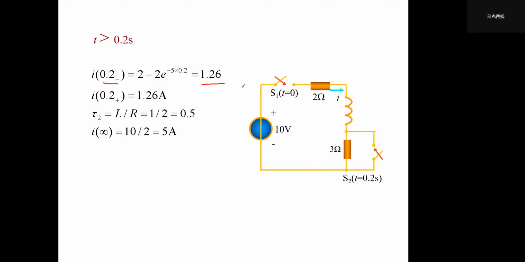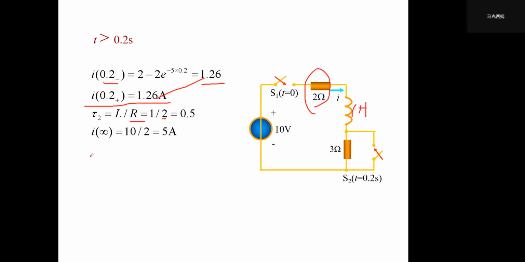So for the other stage, the I at 0.2 plus is equal to this one. And in the second loop, once we close it, we bypass the 3 ohm. So the resistor will only be 2 ohm. So 1 over 2 ohm is 0.5.